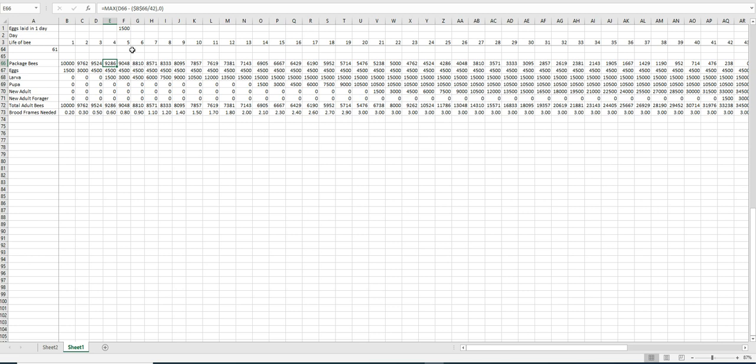The next thing I thought about, some other references that I saw said that you could have 2,000 larvae laid in one day. So let's change eggs laid in one day to 2,000 and see how your hive changes.